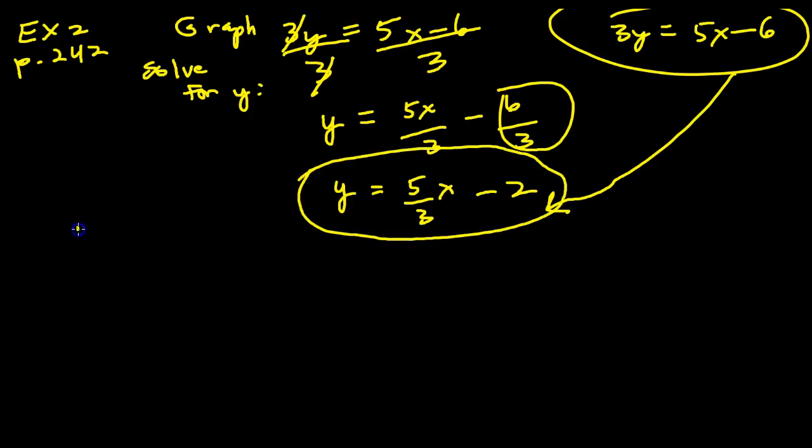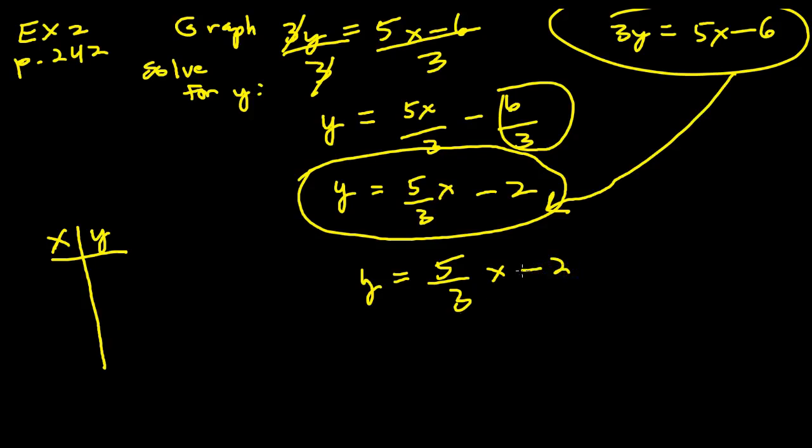Let me make a table of values. All right, if I pick my values of x with a little forethought, I'll have an easier graph to draw. Well, I see this 3 in the denominator here. And of course, I want to try to stick with whole number coordinates if possible.